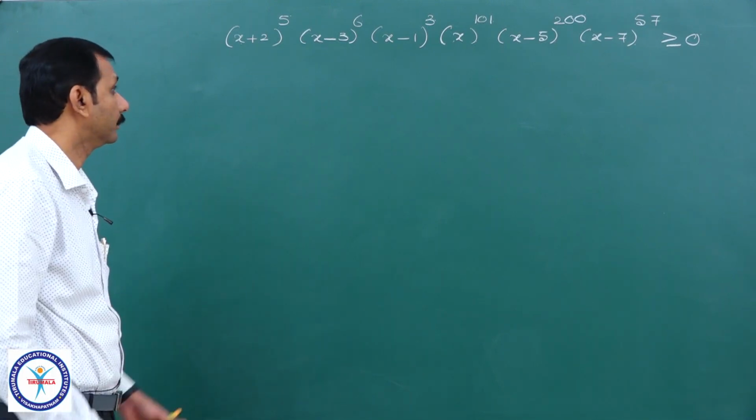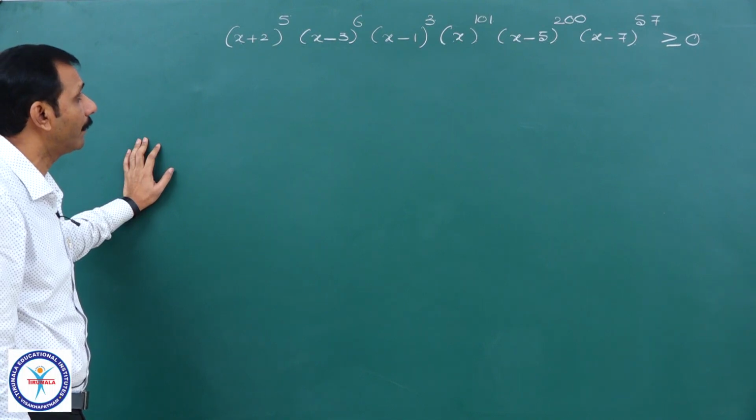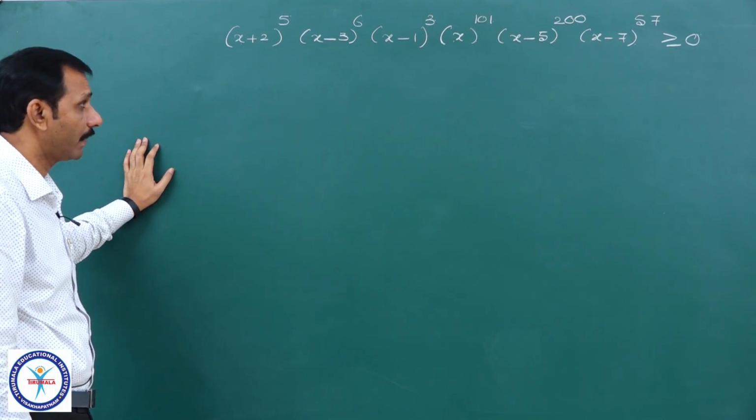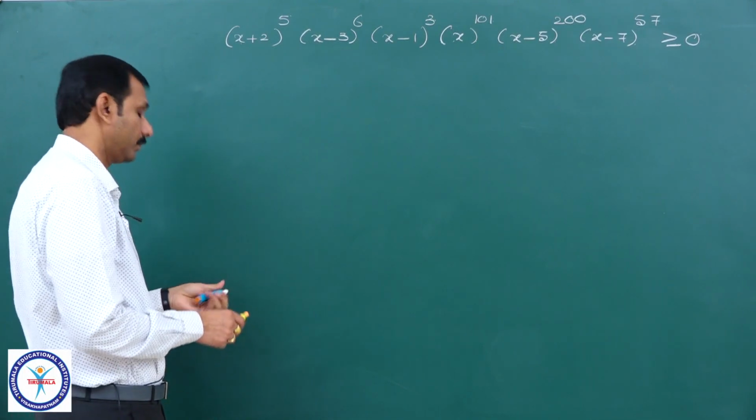This is the problem: (x plus 2) whole power 5 into (x minus 3) whole power 6 into (x minus 1) whole cube into x power 101 into (x minus 5) whole power 200 into (x minus 7) whole power 57 greater than or equal to 0.